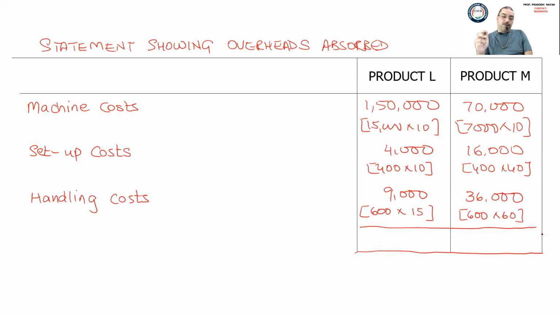150 plus 13, 163. 70, 80, 110, 122. 1,22,000. Yes.